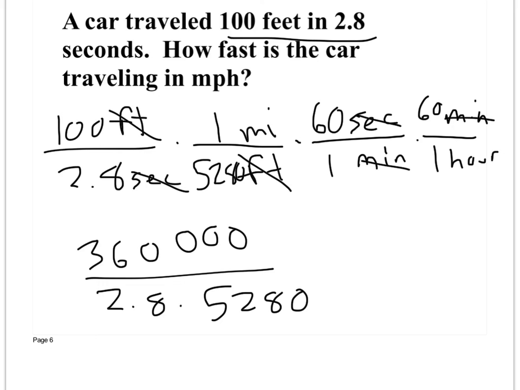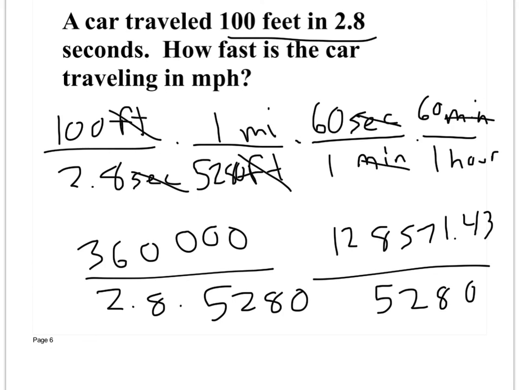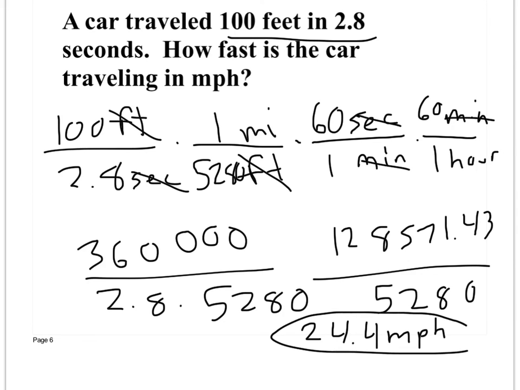So 360,000 divided by 2.8 gives me 128,571.43. Divide that by 5,280. That gives you this, 24.4 miles per hour. And there's my answer.